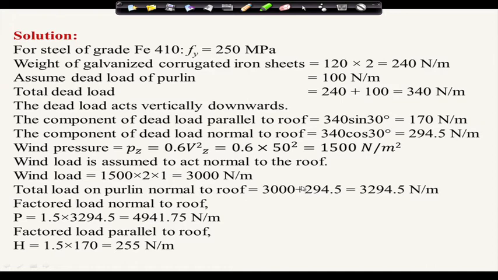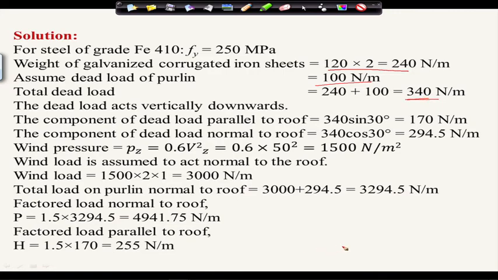So, what we did is this: first we found the weight of galvanized corrugated sheet, which was given as 120 into spacing 2. We have assumed dead load as 100. So, total dead load is becoming 340.